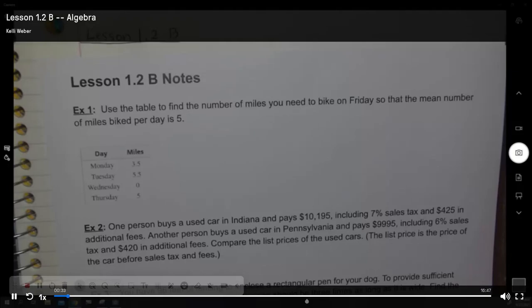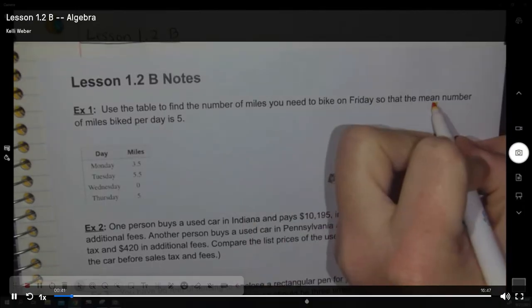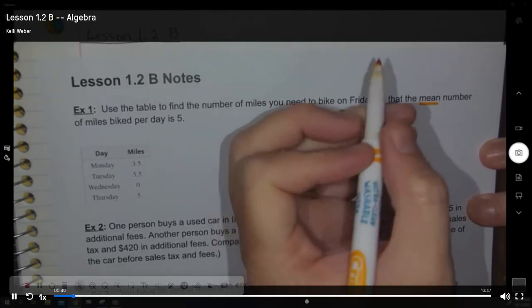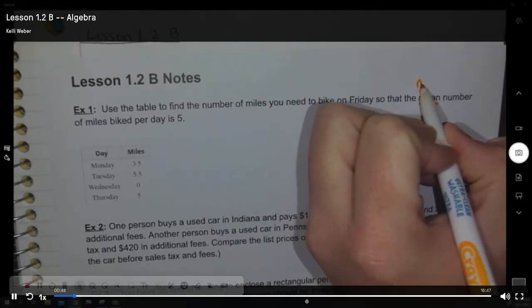So a couple of things that we're noticing here. We have what is labeled on here as the mean. And remember that the mean, when we're talking about math, is referring to the average.